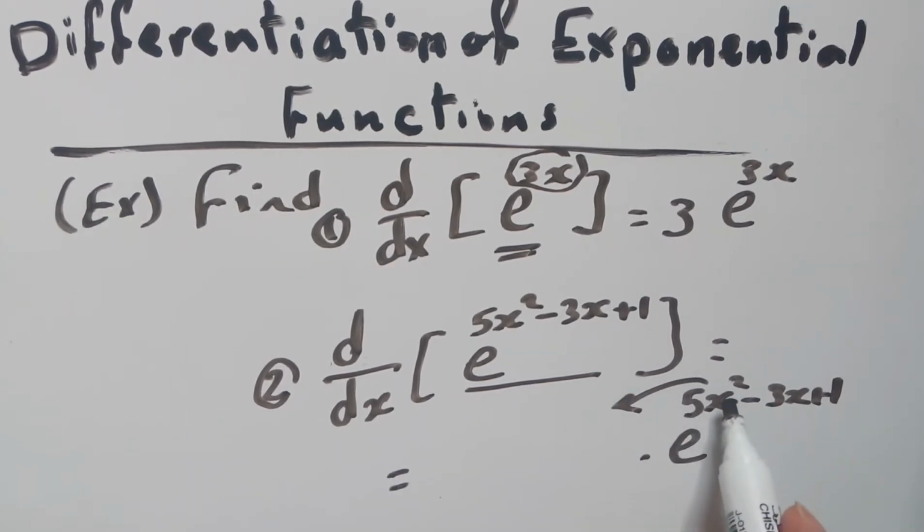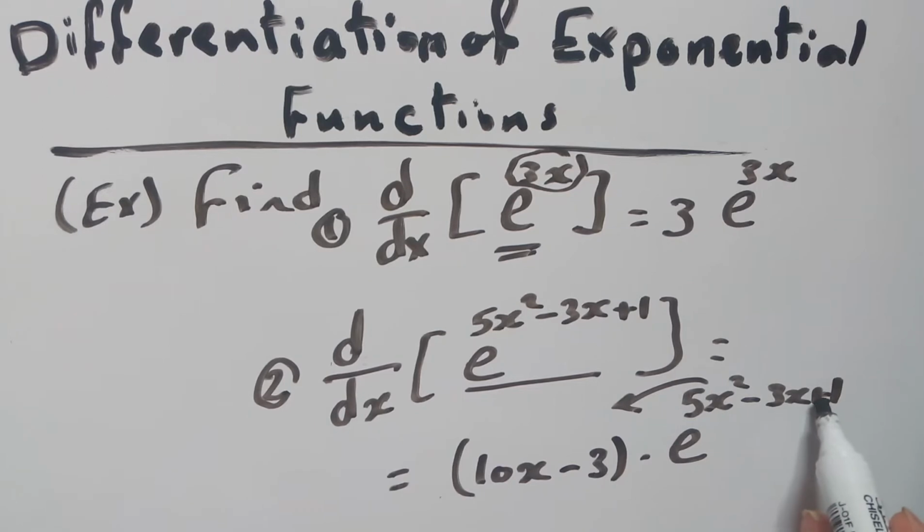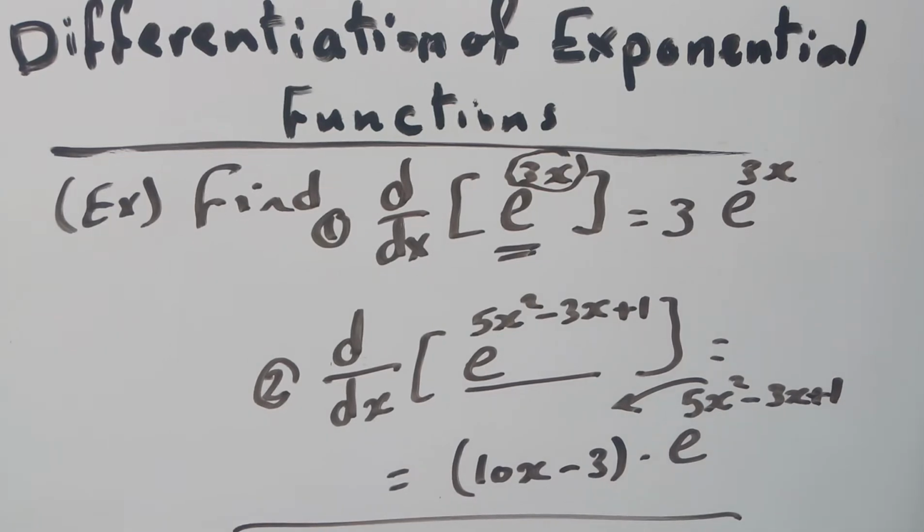The derivative for 5x squared, it will be 10x: bring down the power and subtract 1, or multiply 2 by 5, it will be 10, subtract 1, it will be 1, x to the power 1, minus 3x, it will be minus 3. And the derivative for positive 1, it will be 0. Now we get the derivative for this function.